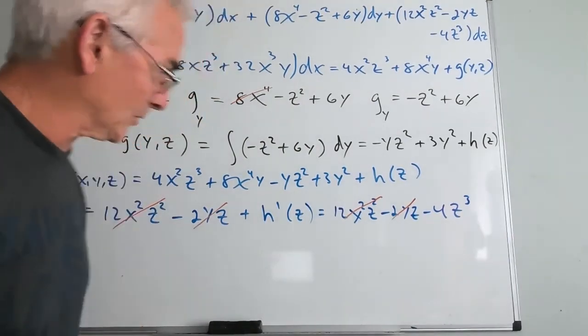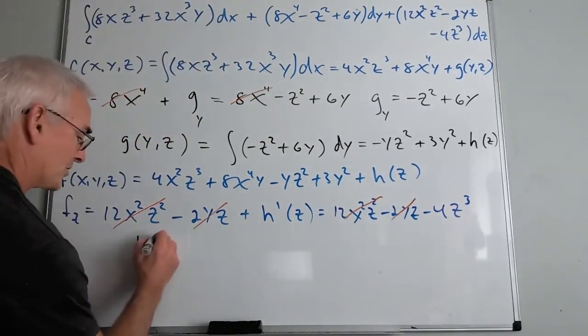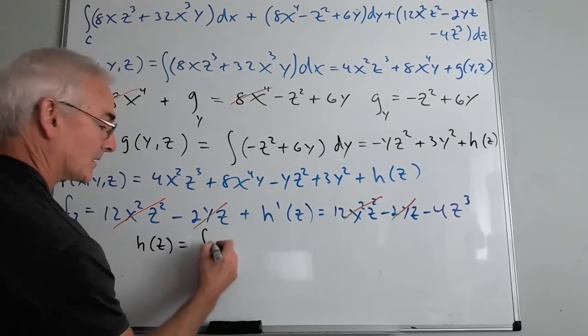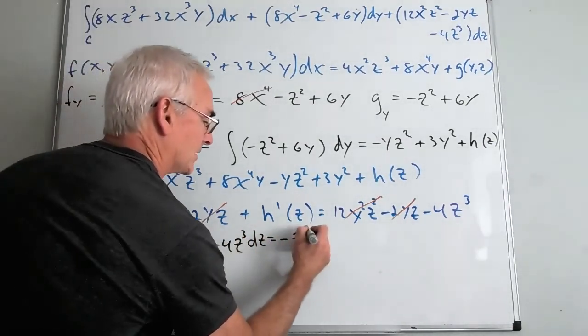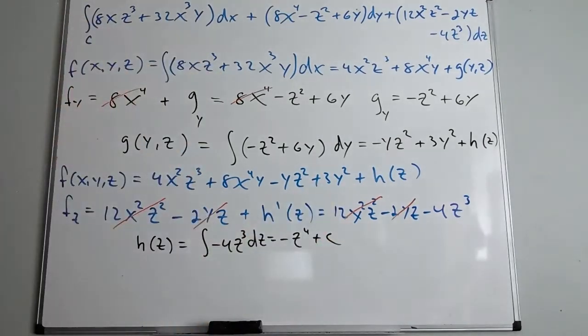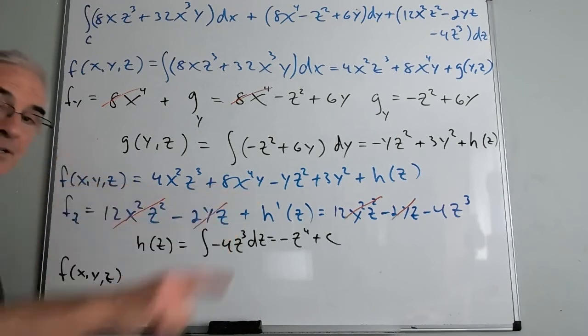So the next thing I'm going to write is h of z equals the integral of negative 4z cubed dz, which is just negative z to the fourth plus c. Now, finally, I can finish. In this problem, I wasn't asking you to physically integrate.